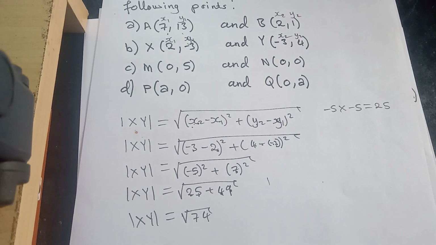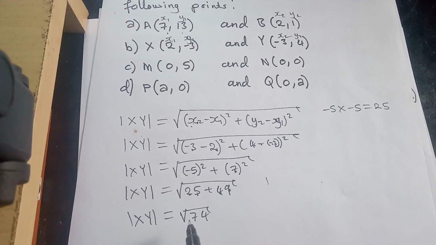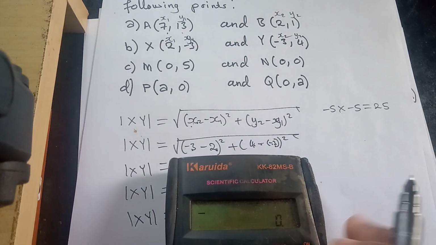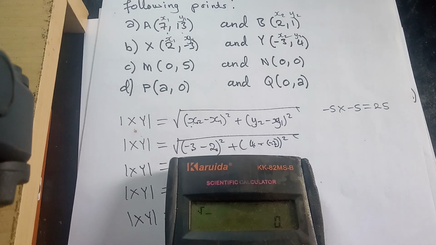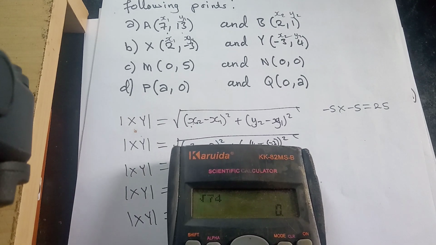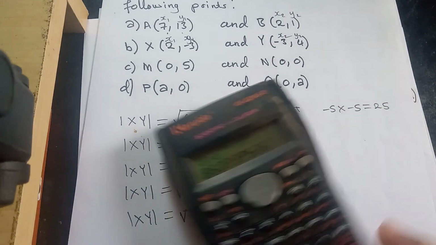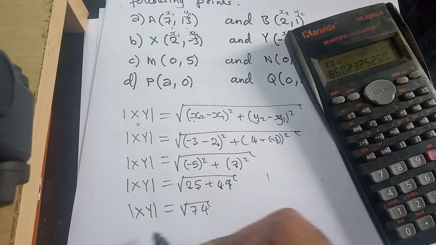So in additional mathematics, you're not required to find the square root all the time. But if you want, you can still punch this on your calculator and find the square root of 74, which is 8.6023. Let me write it down.